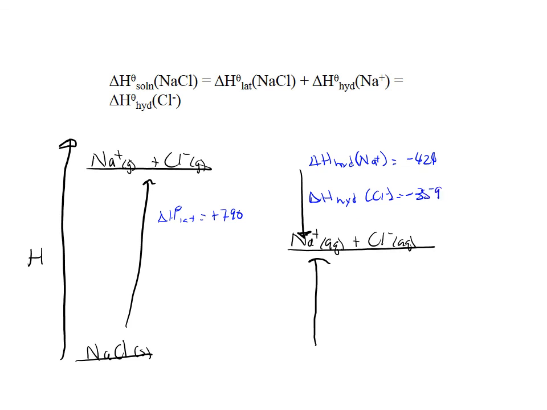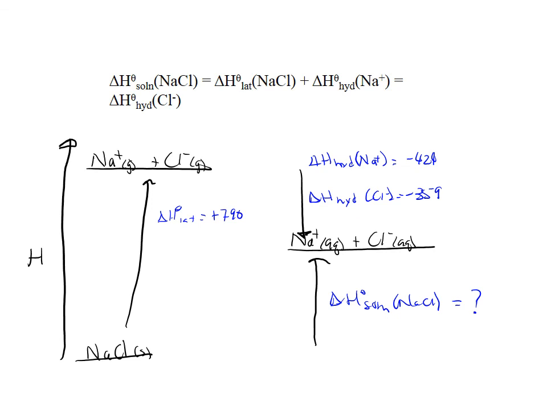So we can solve for the delta H of solution for sodium chloride. So how much energy is there when you create a solution, right? And so you can go through and you can calculate all the values you need. So plug in your numbers, right?